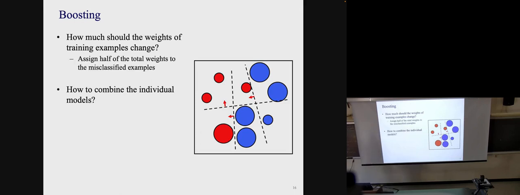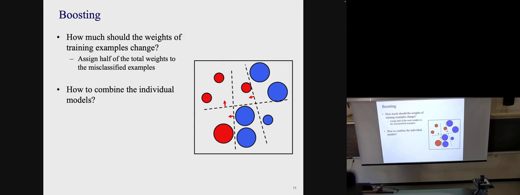So the question is, how much should the weights of the training examples change? We see how we increase these weights, the size of the blobs. How much should we increase them? In general, we'll assign half of the total weights to the misclassified examples. We have a total set of weights for all the points, and at each iteration we take half of that and assign it to the misclassified cases.